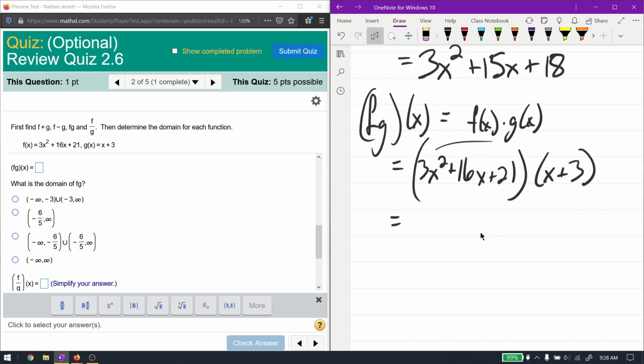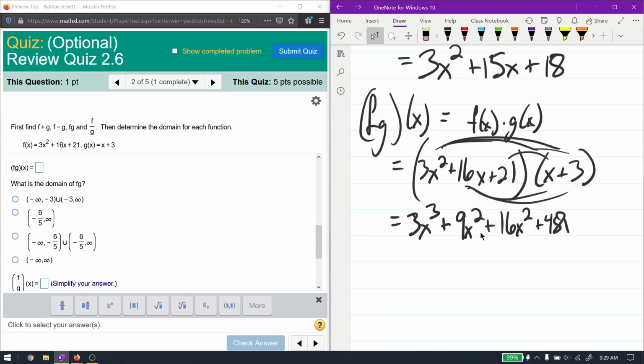Here we have to distribute the 3x squared into both things, the 16x and then the 21. 3x squared times x is 3x cubed. 3x squared times 3 is 9x squared. 16x times x is 16x squared. 16x times 3 is 48x. 21 times x is 21x. And 21 times 3 is 63.